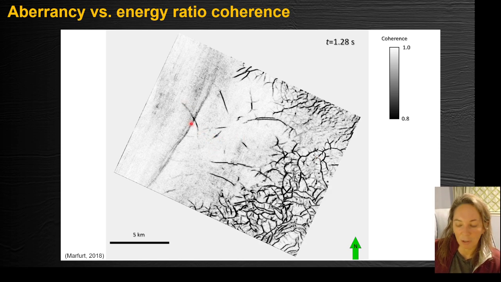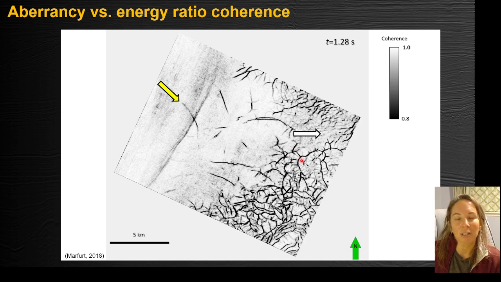That one fault over here marked by the yellow arrow, we can pick up pretty well on energy ratio because we're getting a better separation if we were to look at the vertical slice. But this area that is heavily faulted and fractured isn't being picked up very well on the similarity.